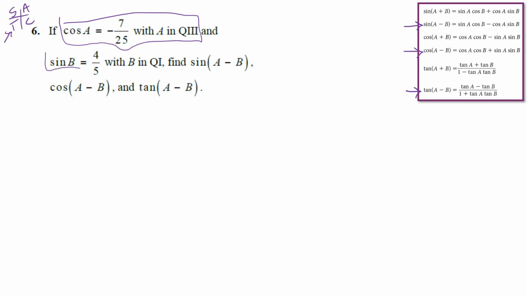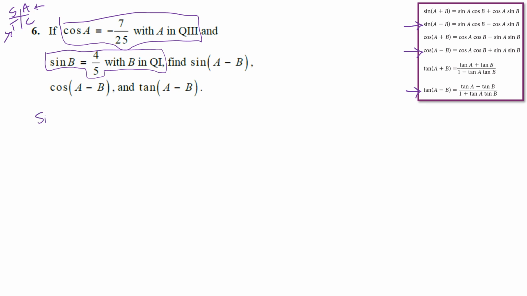And B is in quadrant 1. Okay, so quadrant 1, all trig functions are positive. All right, so now that we know cosine A and sine B, we're going to need to find sine A and cosine B.